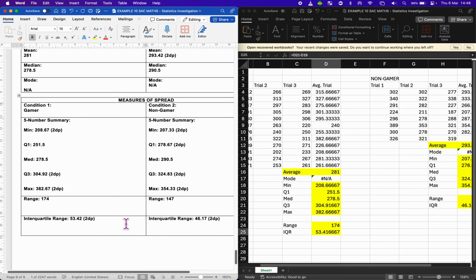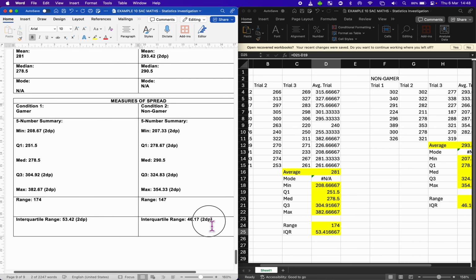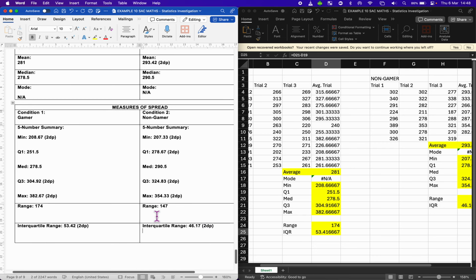That's supported by the interquartile range, because remember, the interquartile range is the middle 50%, the middle half of all of the data. The interquartile range for the gamers was 53.42. The interquartile range for the non-gamers was 46.17, which is also more consistent than the gamers.